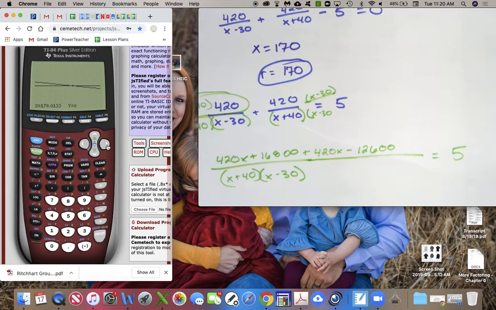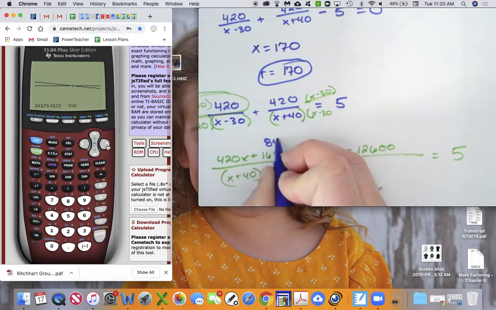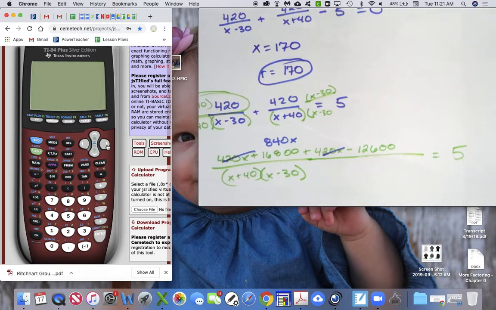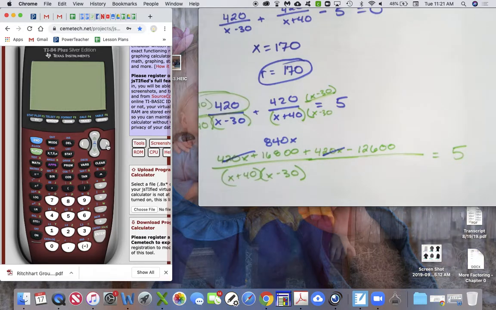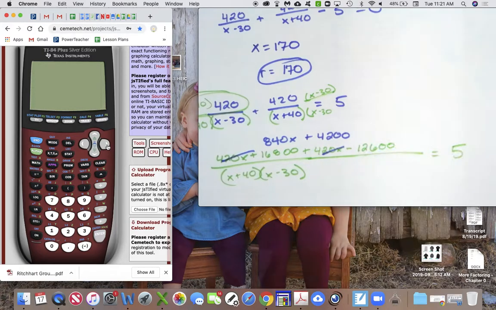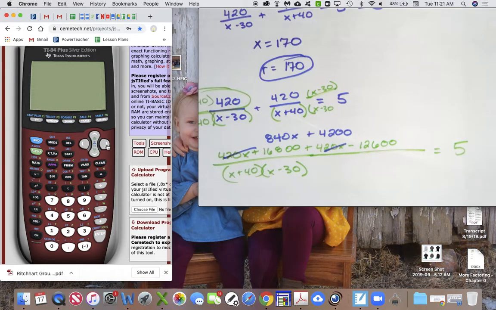420 and 420 makes 840, so this is 840x. And 16,800 and 12,600, if I subtract, that's 4,200. Then what's the bottom? What's x plus 40 times x minus 30?